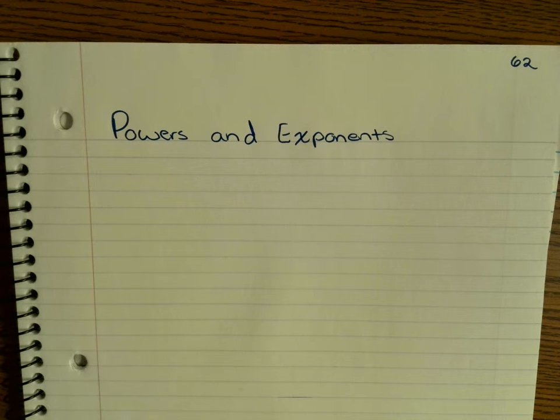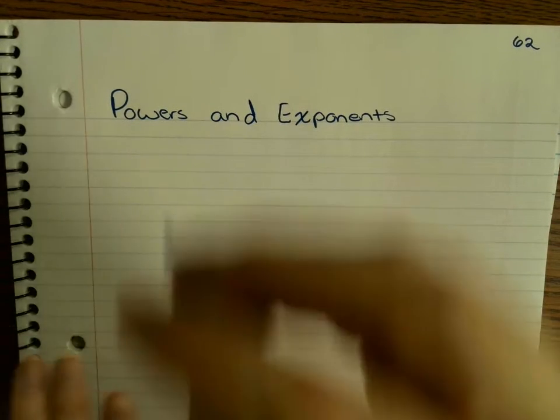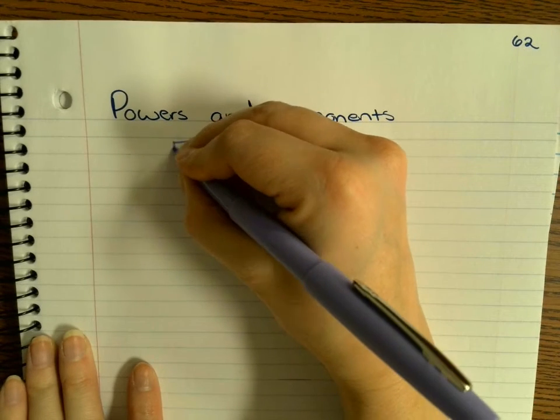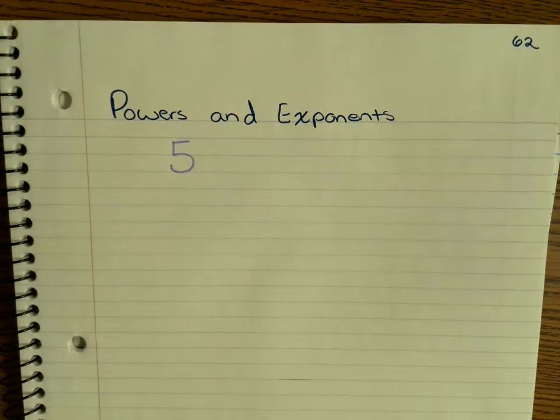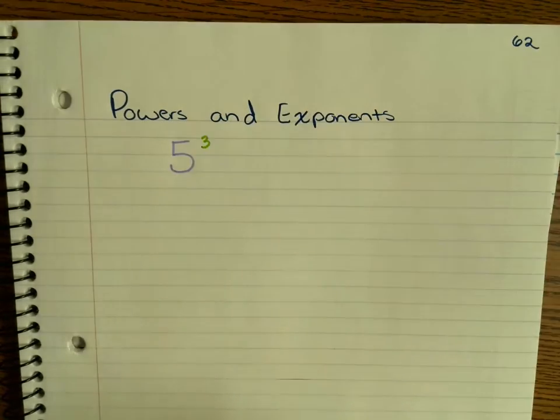All right, so powers and exponents. When they talked about having the powers, basically you have a large value and then a tiny written value in the corner. That tiny value is called an exponent. So if we're taking a look at the following, if I've got 5 and then a 3 for the exponent.